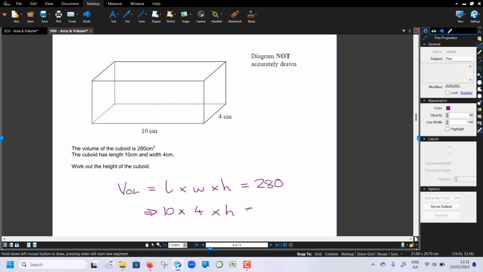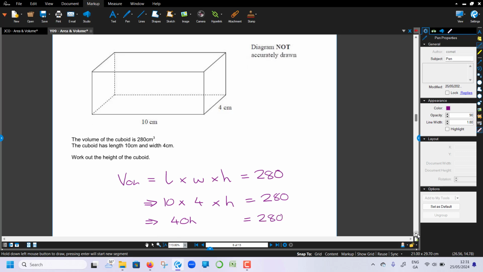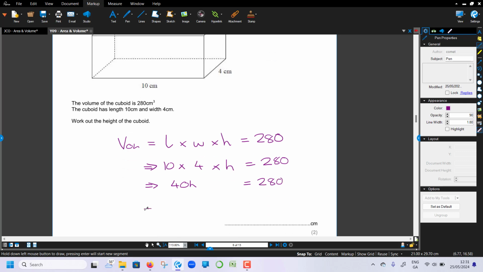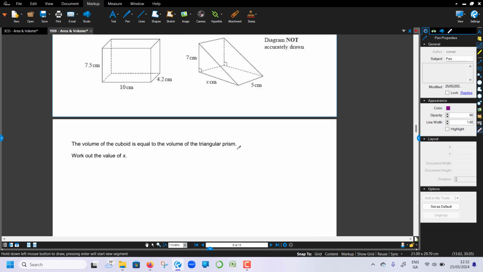So 10 times 4 times h equals 280. So that implies 40h equals 280. So then h has to be 280 divided by 40, which is 7. H is 7. That's it.